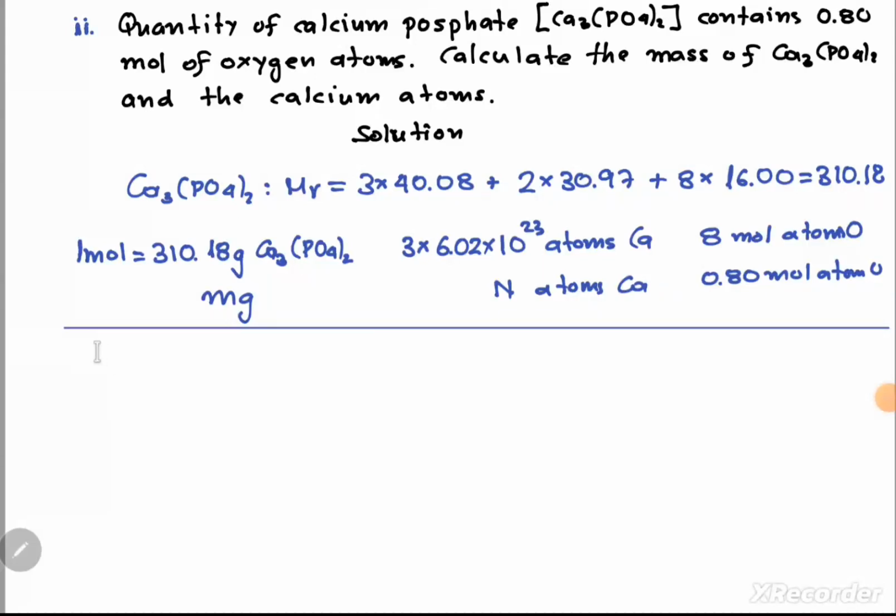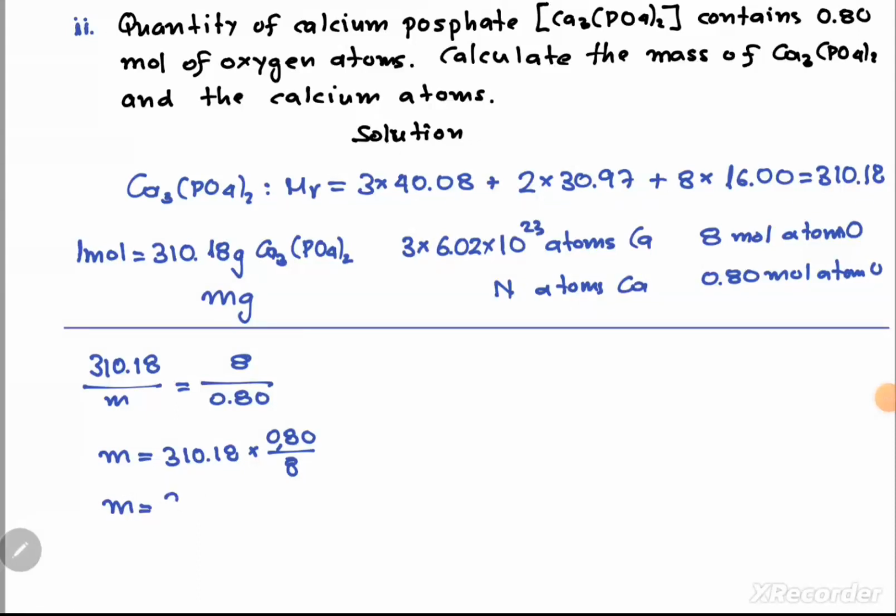So we have the relationships which have the information of the molecular formula, and we find first the mass, 31.018 grams of calcium phosphate.